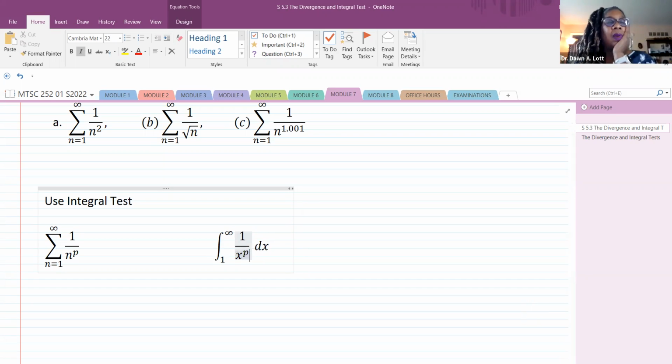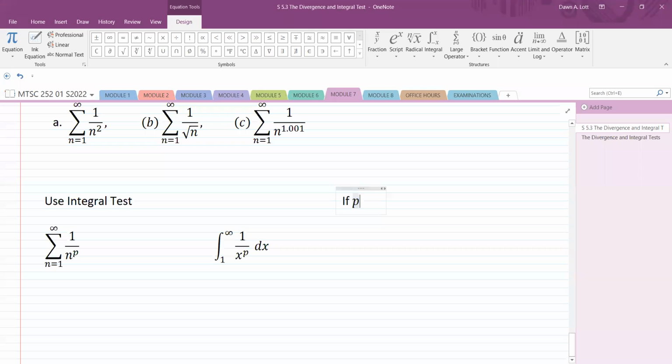What happens when p is 1? Would you not be able to use the P-series test?